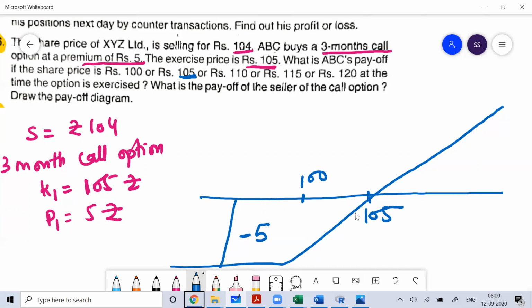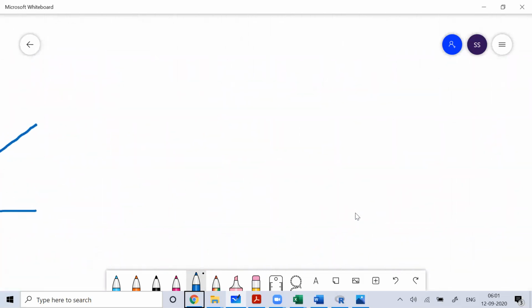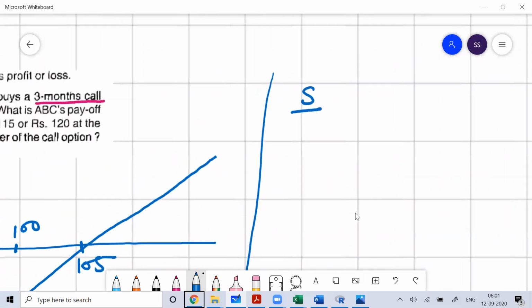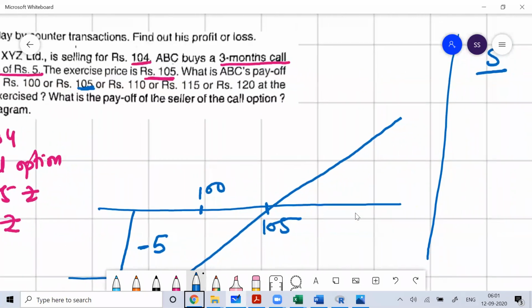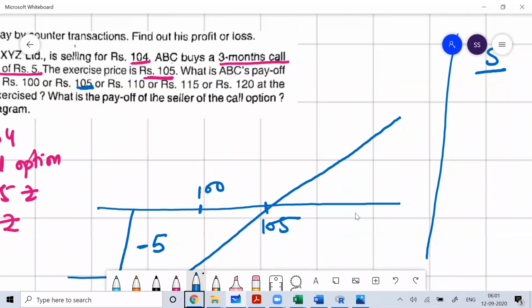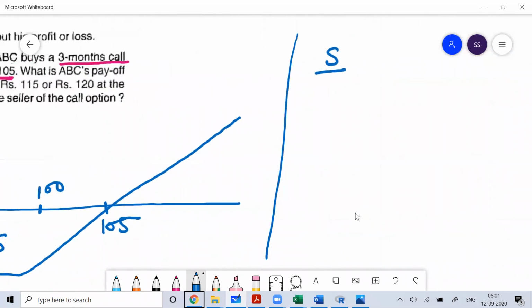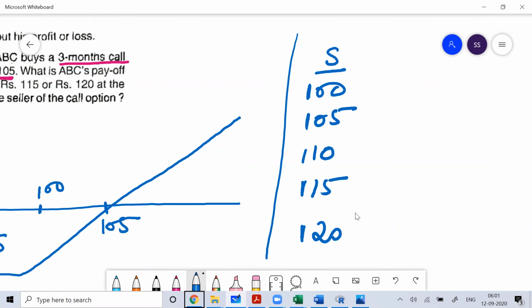Okay, so what is the payoff of the seller of the call option? It is a very easy problem. The S values they are asking us to take are 100, 105, 110, 115, and 120.